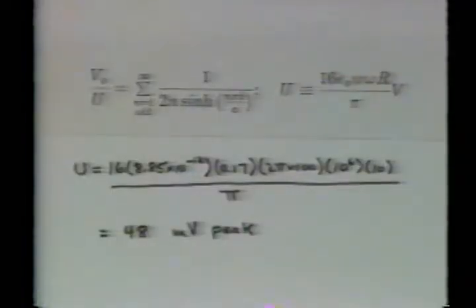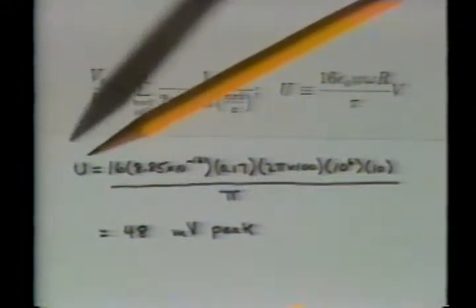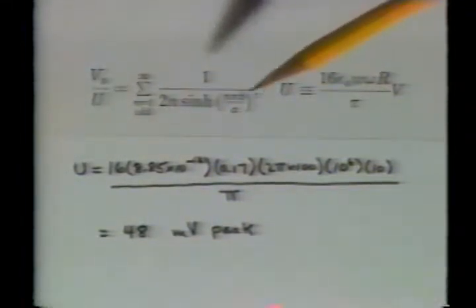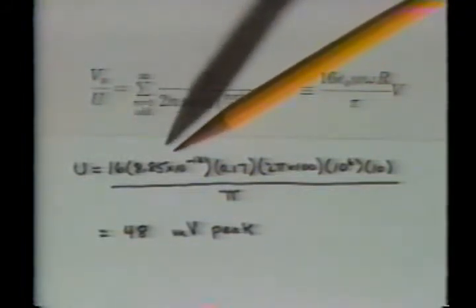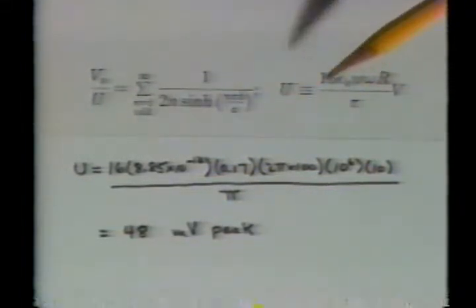With an input of 10 volts peak, U equals 48 millivolts peak. For A equal 4.4 centimeters, and a spacing between input and output electrodes B equal 1 centimeter, we measure 28 millivolts peak. This data point falls about here.